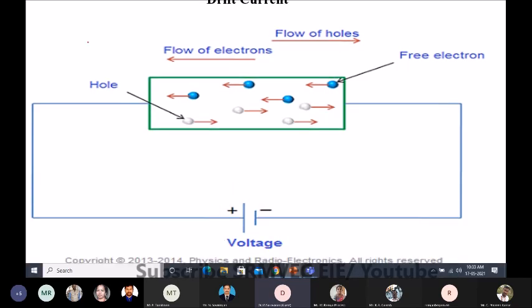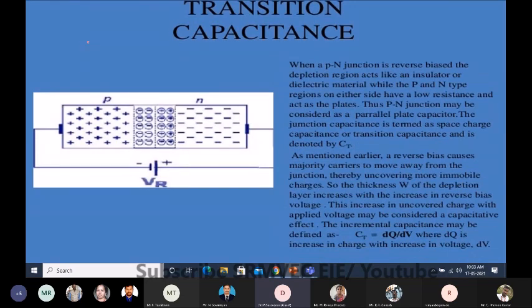Now coming to the next topic, transition capacitance and diffusion capacitance. These two play a major role, and we have to know certain basics. So what is a transition capacitance? Here they consider the p-type as one plate of a parallel plate capacitor, and the n-type as the other plate, and the depletion region between them is what they call the dielectric.